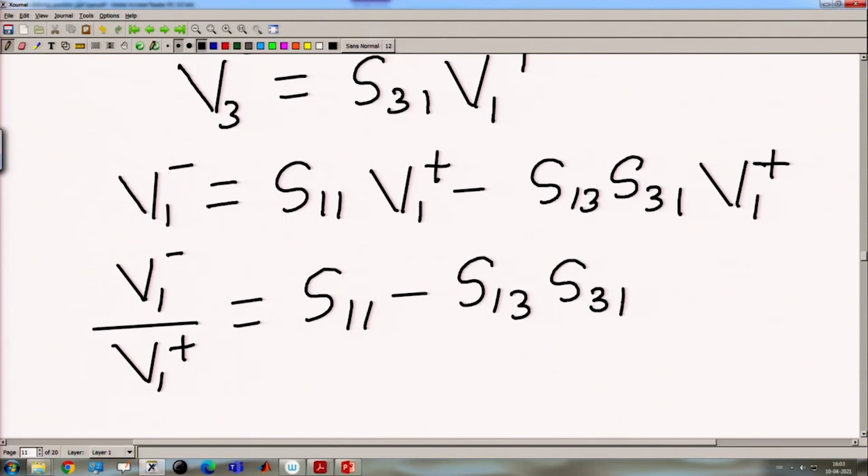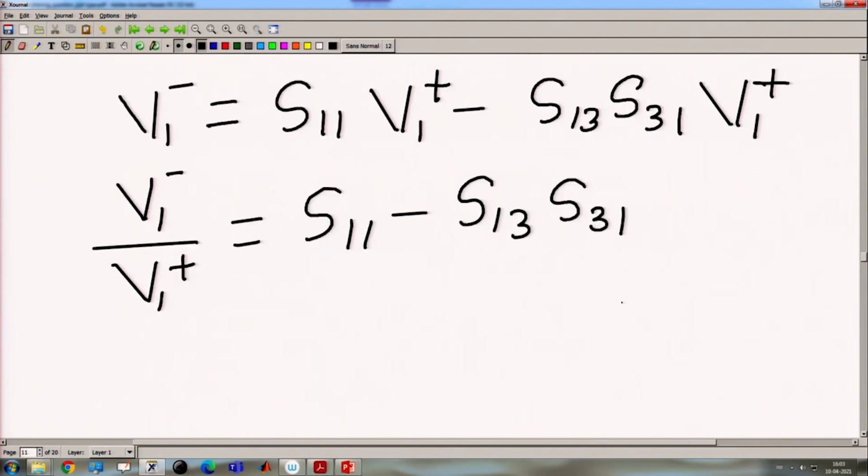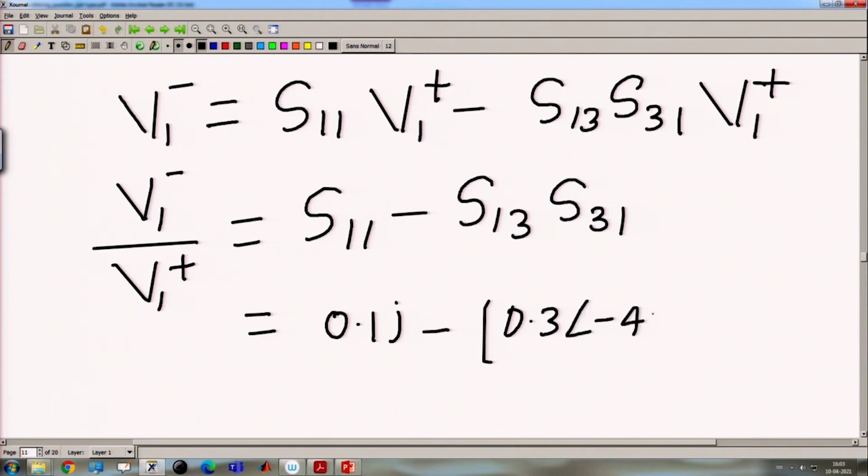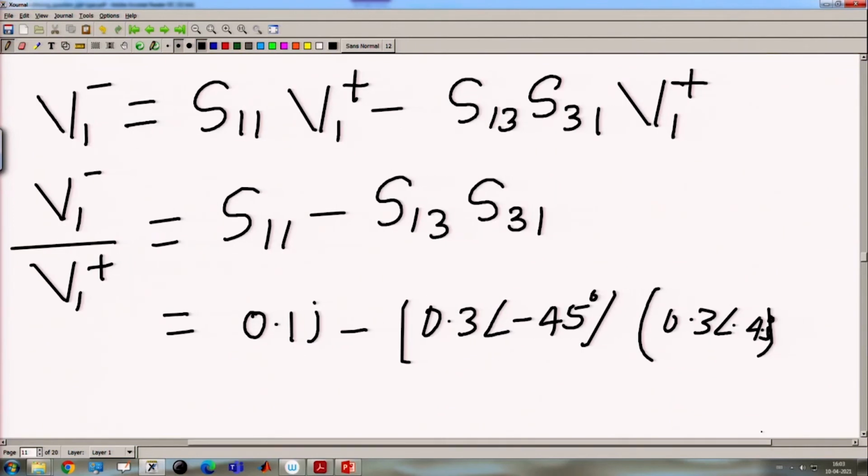So, this is the S11 when port 3 is short circuit and port 2 and port 4 are matched. We can substitute S11 as 0.1 j, that is 90 degree, minus 0.3 minus 45 degree times 0.3 minus 45 degree, this is minus 45 degree.